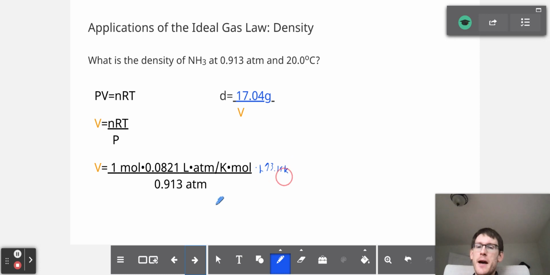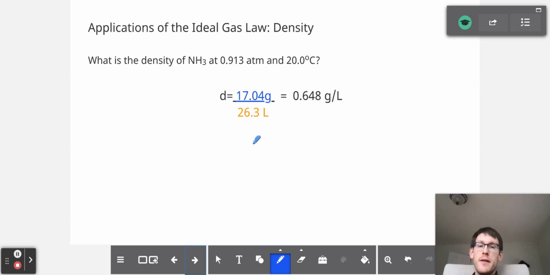Sorry about that. And then dividing by our P, we find that our volume is equal to 26.3 liters. And we can just substitute that one in to our D equals M over V. And we find out that our density is equal to 0.648 grams per liter.